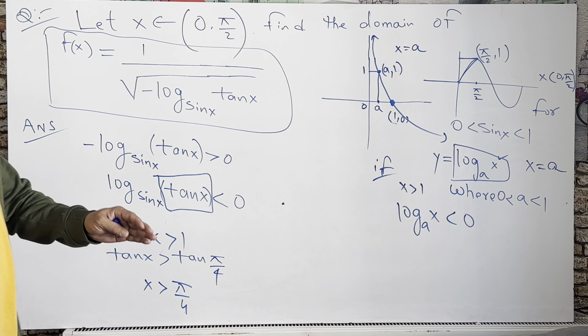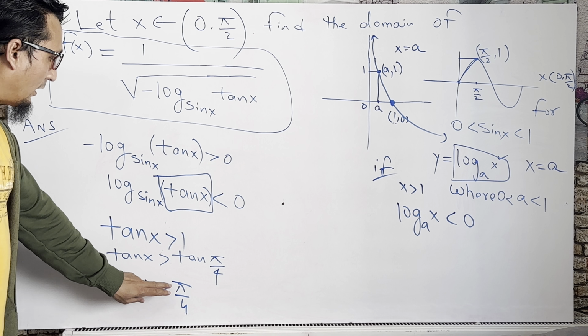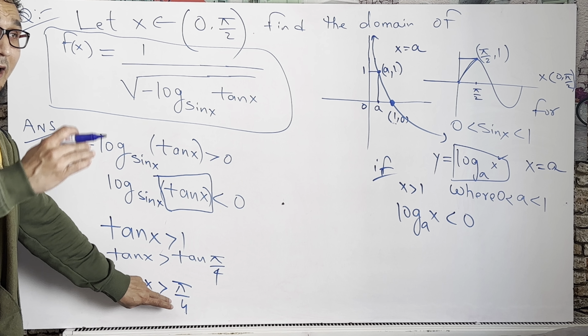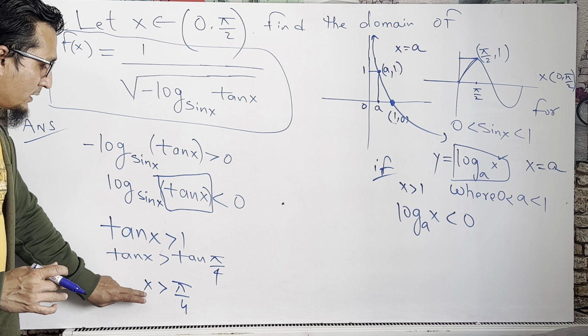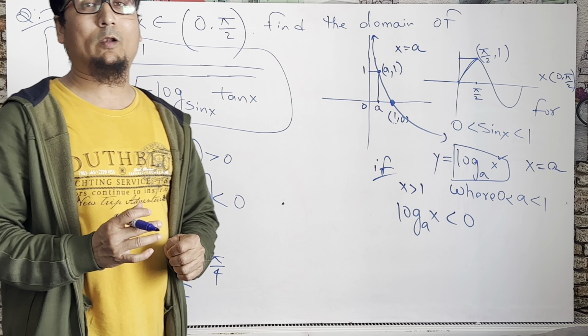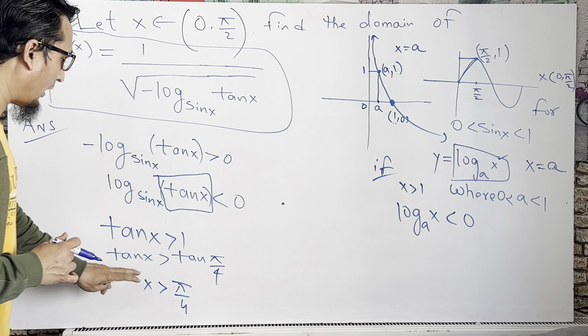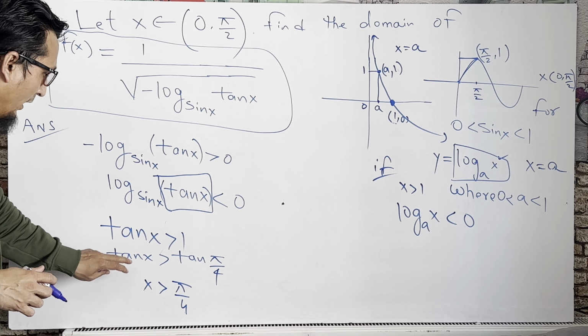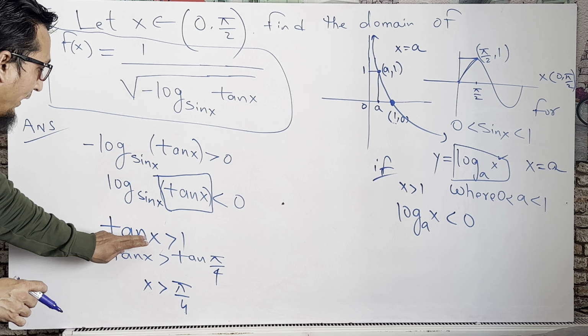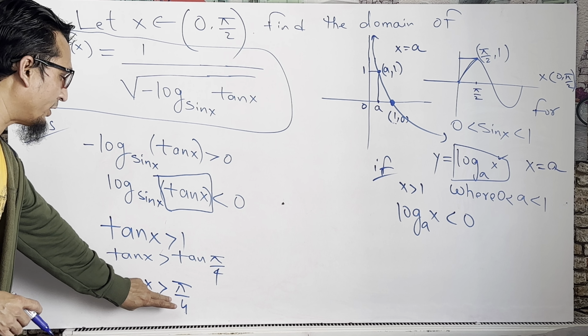As we know, the range of tan is all real numbers, right? So here we have to take pi by 4. The tan x is greater than 1 when x is greater than pi by 4.